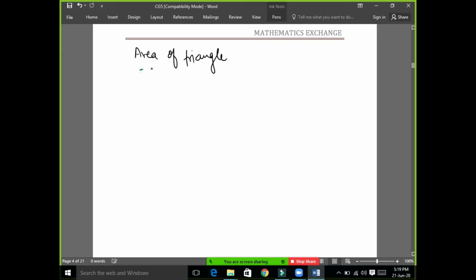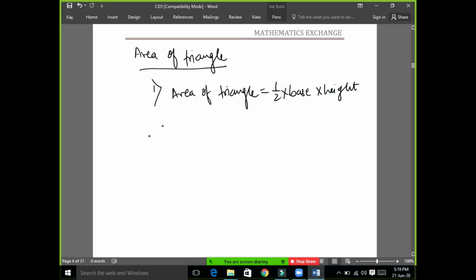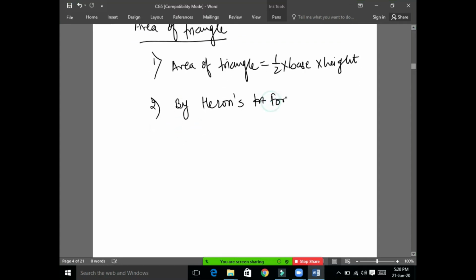Now we know about the area of a triangle. So we generally use the area of triangle formula, that is half into base into height, where height is the perpendicular distance. So the area of a triangle is given by half into base into height. Another formula we use is Heron's formula to find the area of a triangle.